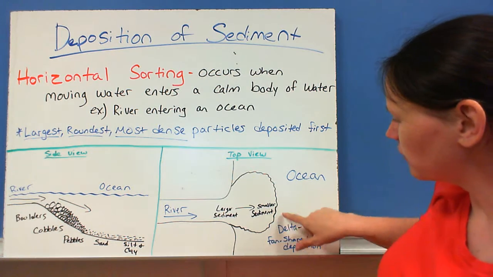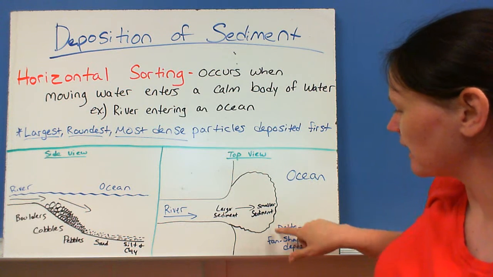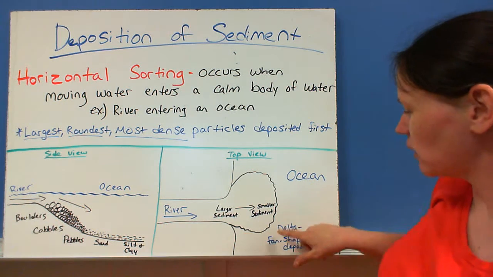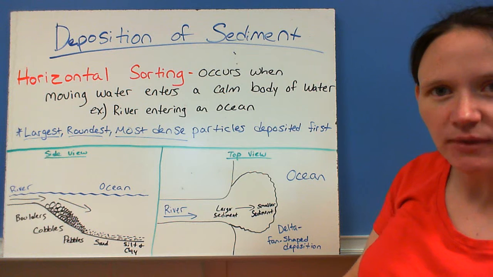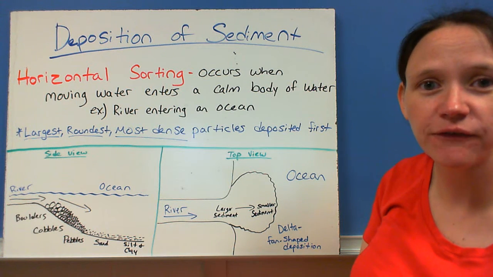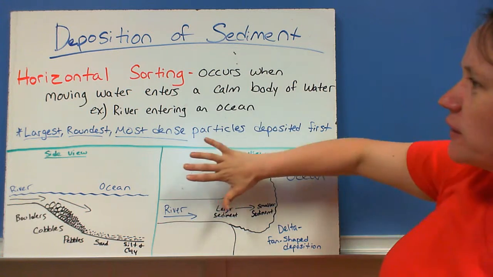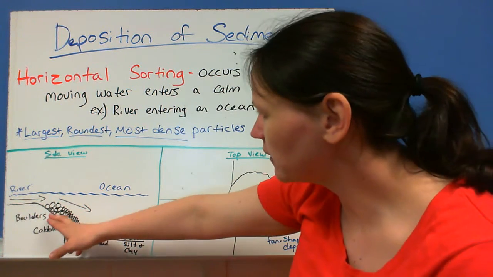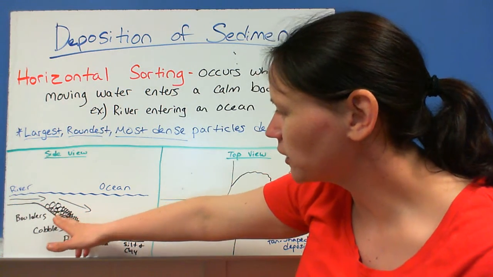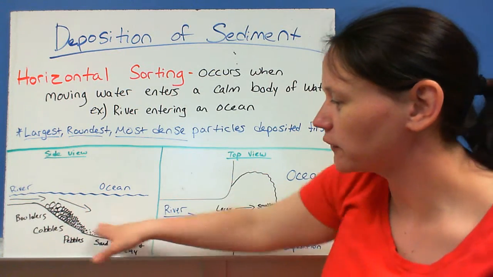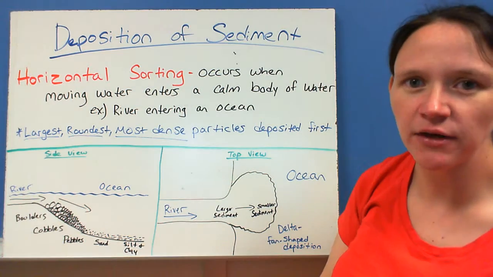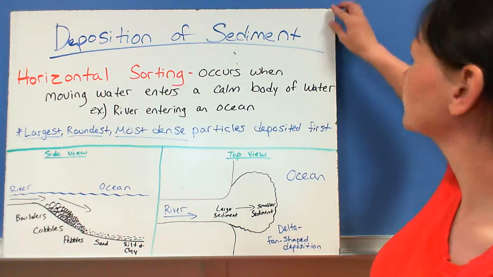And so that deposition of sediment creates a delta. It's this fan-shaped structure that's formed when rivers enter the ocean. So this is horizontal sorting. So you can see that the sediment is sorted horizontally across along the bottom of the calm body of water.